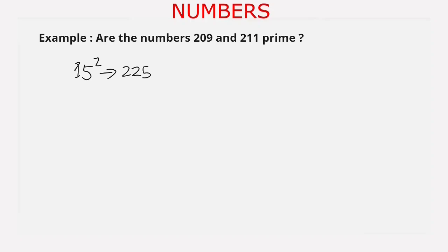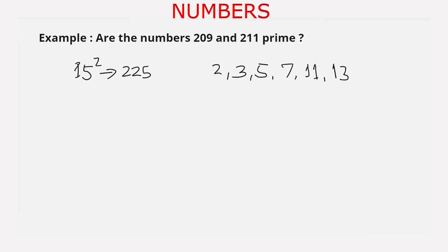Now we'll find all the prime numbers which are less than 15. So those numbers are 2, 3, 5, 7, 11 and 13. If the numbers 209 and 211 are divisible by any of these numbers, then the number is not prime.